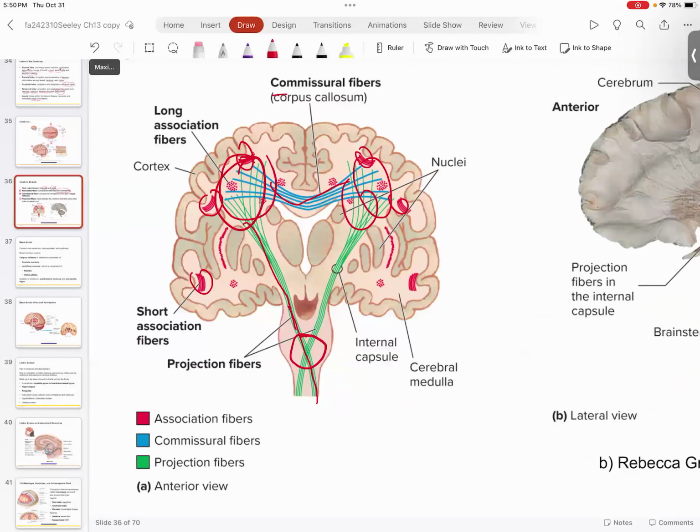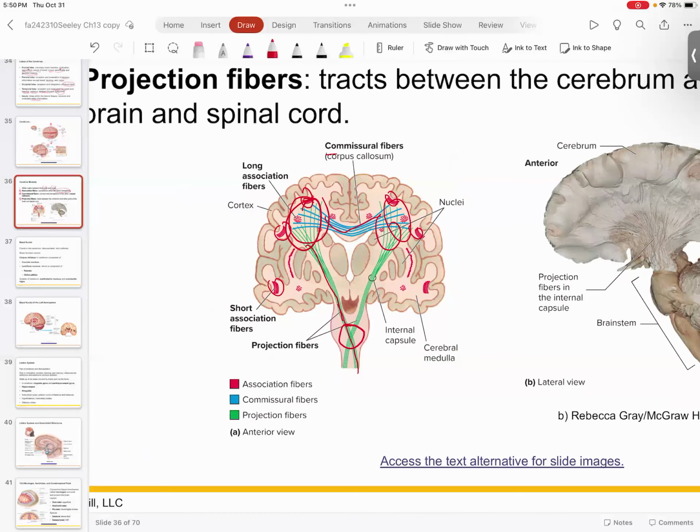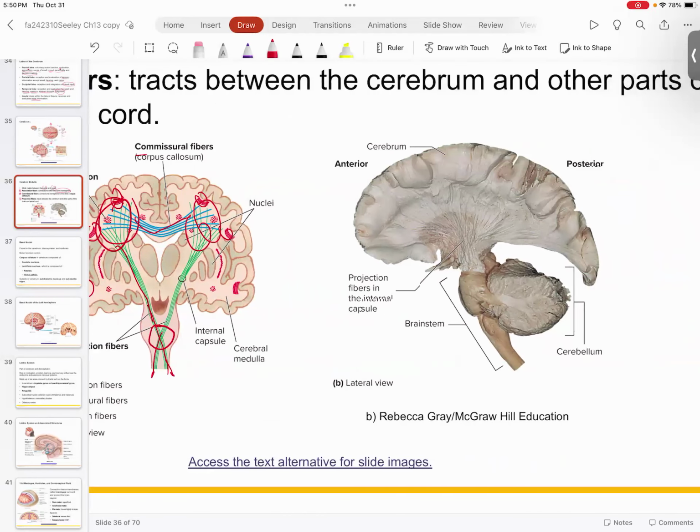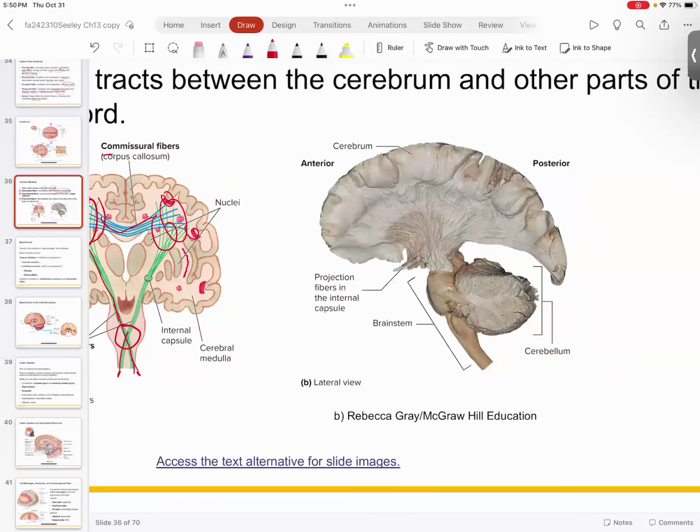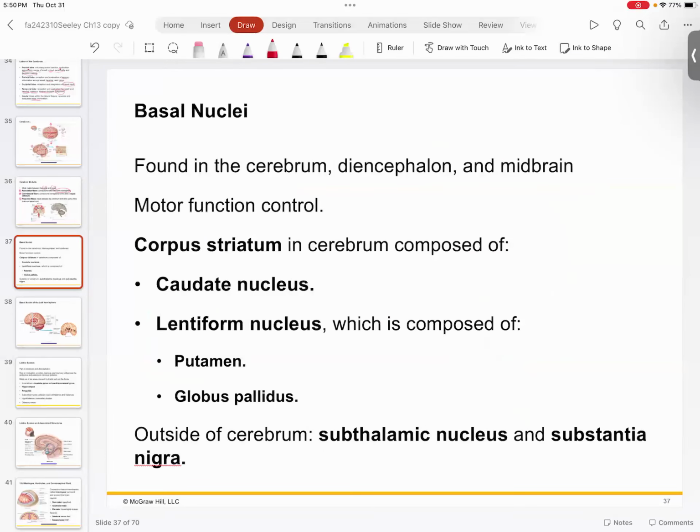We talked about that before, where they cross over, and that's where you get the phenomenon where the right side of your brain controls the left side of your body. And so those are the fibers. This is an image of what looks like a dissection where they actually stained for those specific types of fibers themselves. Okay, so what are some of the main nuclei then?